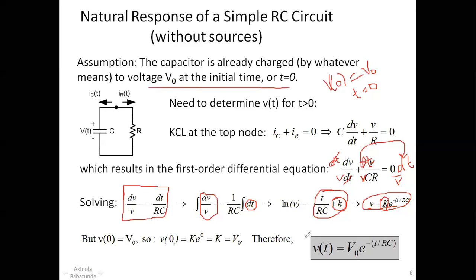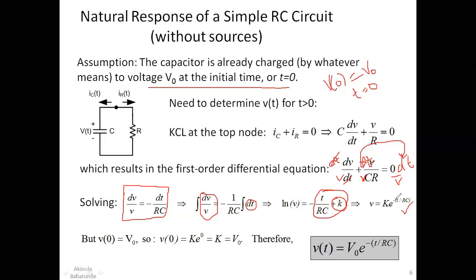All right. So coming back to this particular expression, we can say that V of t equal to K e to the minus t over RC. When t is equal to 0, wherever we see t, we just put 0 there, right? So V of 0 will be equal to K exponential minus 0 over RC.